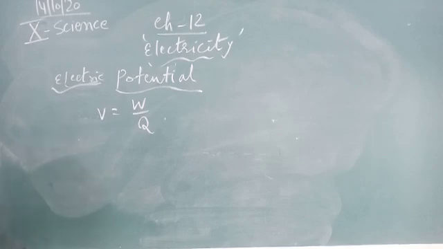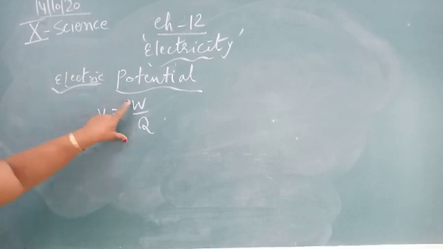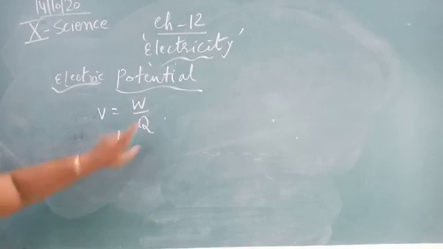So the potential difference V between two points is the work done upon a unit charge. Electric potential is denoted by V, work done W and charge Q. So V is equal to W upon Q.